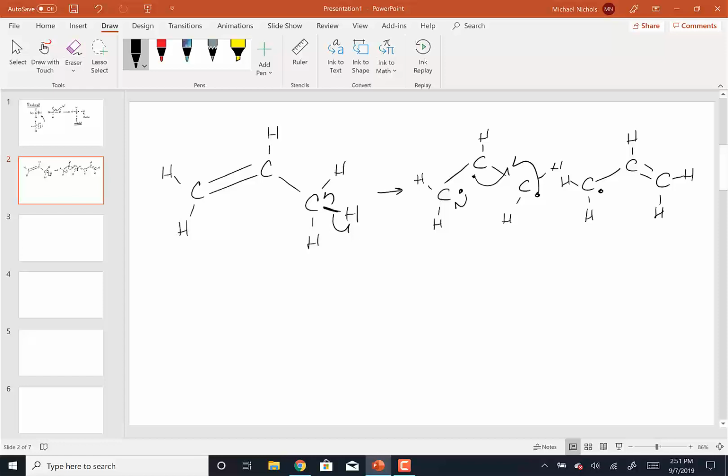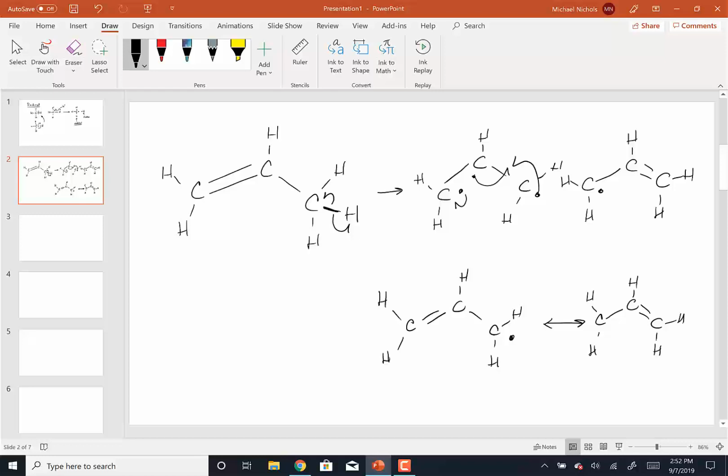Now I showed you this by breaking the carbon-carbon double bond. Let me show you how we would really write this. So what we would have is this as our first radical, and the resonance structures, remember, have double-headed arrows. And so if I form the second resonance structure, it's going to look like this.